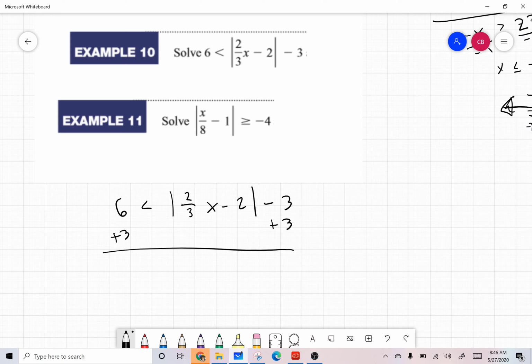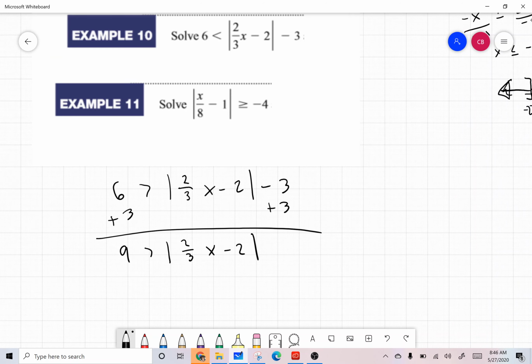You know what? I'm going to change the sign on this one because I don't think it's going to work out how I wanted it to. So hold on, I'm going to change this to less than because I wanted to give you an example of that. Okay. So we have that. And then we have 9 is greater than the absolute value of 2/3 x minus 2.